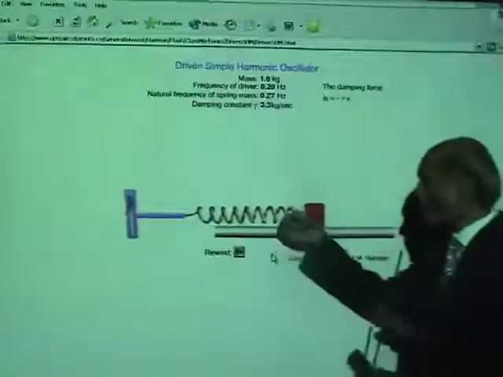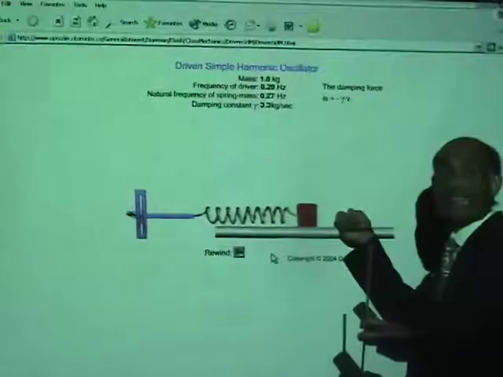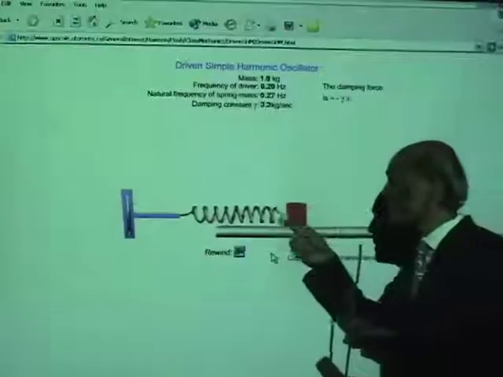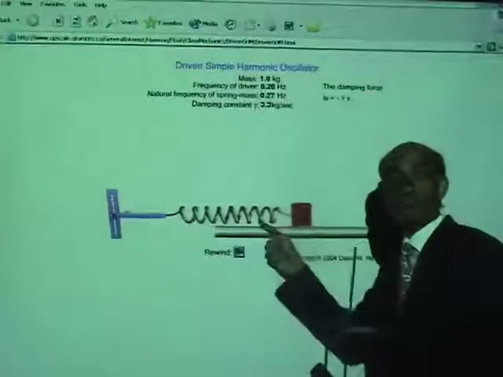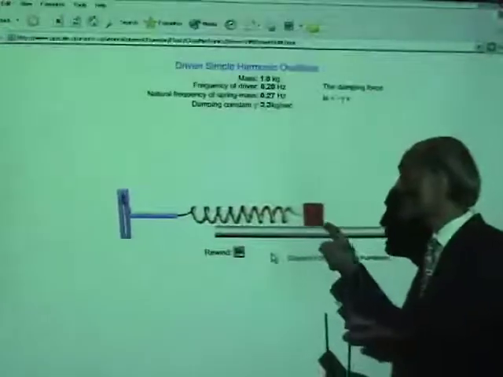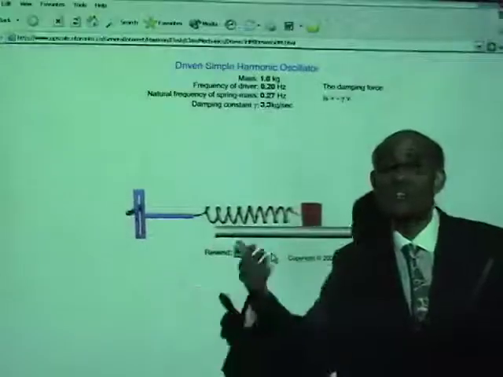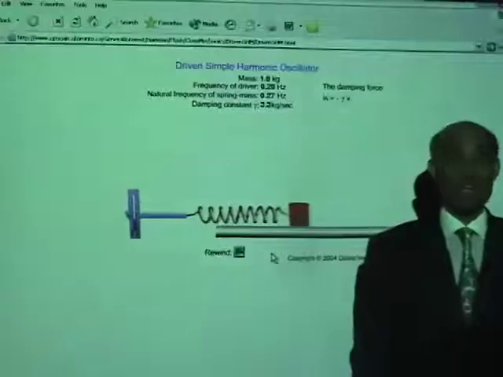When you pull on the spring, you go to the right extreme from the equilibrium position, and if you leave it, the mass will oscillate between a left extreme and a right extreme. Now displacement in this case will be measured as x equal to a sine omega t plus delta.